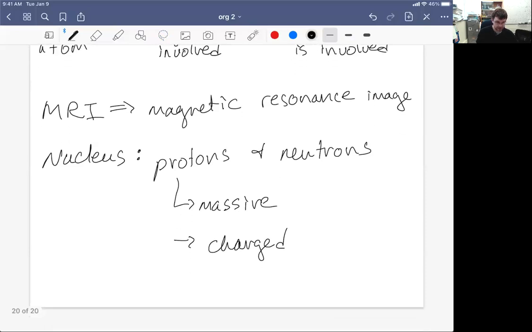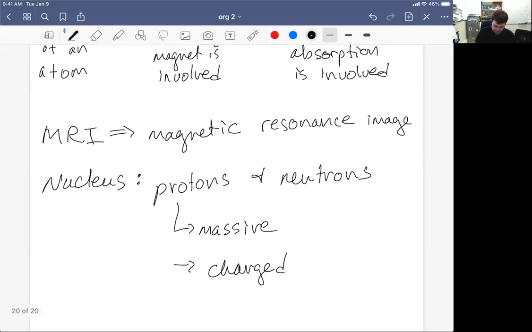So let's think about the proton. If we wanted to draw a proton, it's kind of helpful to draw a proton as a sphere. Now this sphere, as it exists in the universe, whether it's within the nucleus of an atom or a single hydrogen atom floating around, is for the most part doing the same thing. That is, it's not generally influenced by the frictional forces that you and I experience.